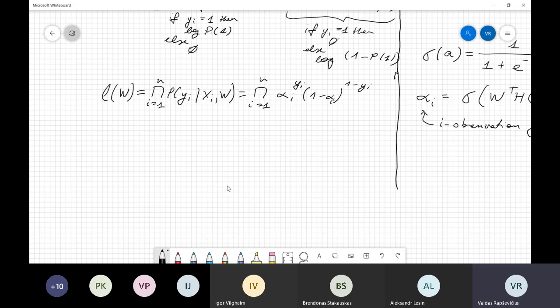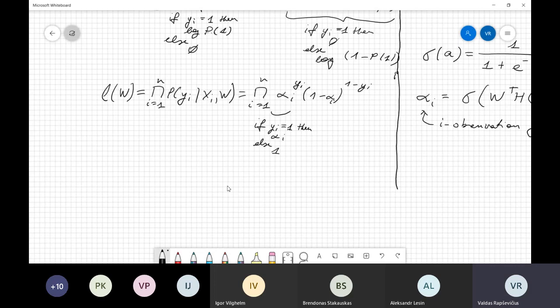And in literature, you might see them, but they are basically talking about the same thing. This part: if yi equals 1, then we get alpha i, else we get 1.